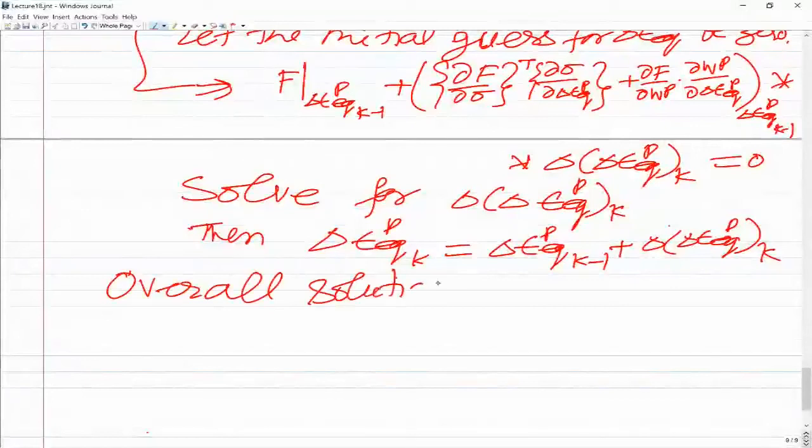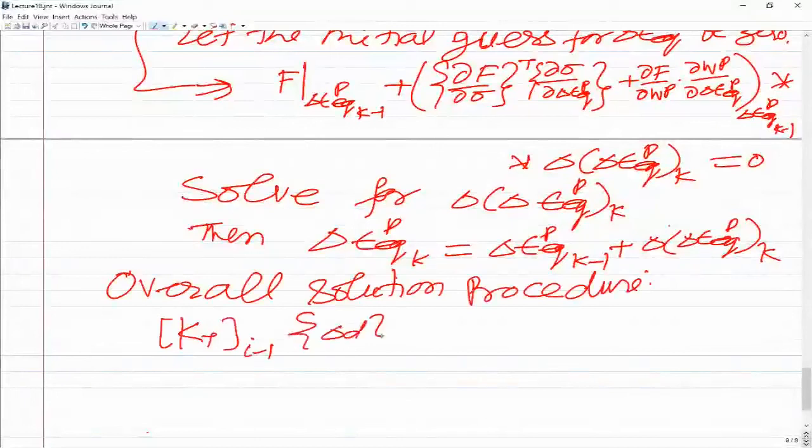briefly, the overall solution procedure is going to be: first you solve K_T(i-1) into delta d_i equals f_(i-1).